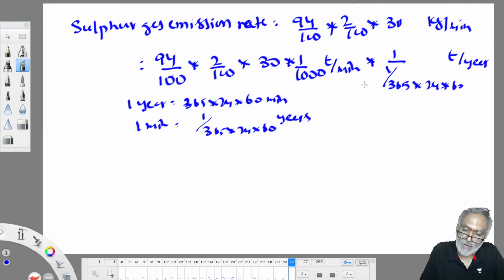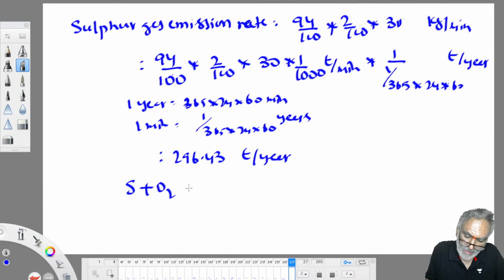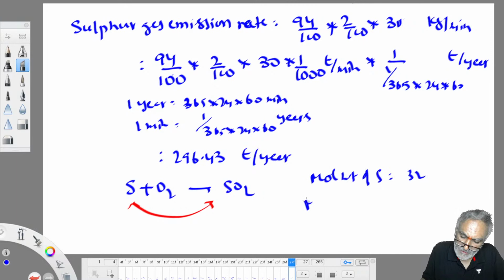So 296.43 tons per year. But he's not asking sulfur, he's asking sulfur dioxide. Sulfur reacts with oxygen and produces sulfur dioxide. How to link between sulfur and sulfur dioxide? Using their molecular weights. So molecular weight of sulfur is 32.